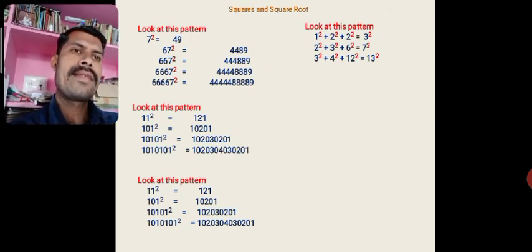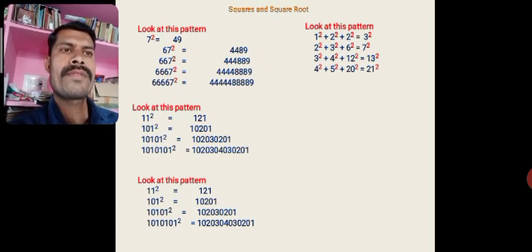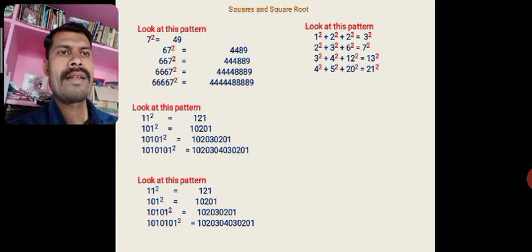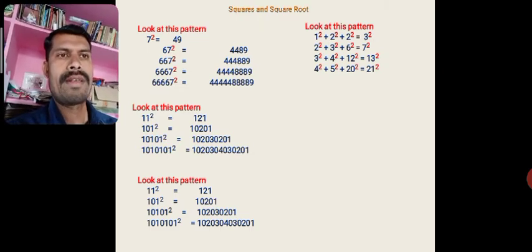We can get like this. You can go for one more. Look at this: 4 square plus 5 square plus 20 square is equal to 21 square. That means 4 and 5, two consecutive numbers; the product of 4 into 5 is 20, and 1 more than 20 is 21.